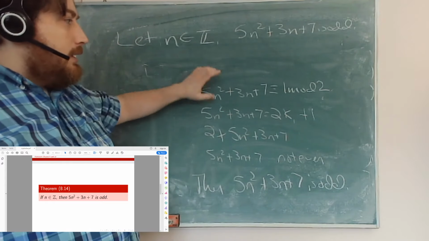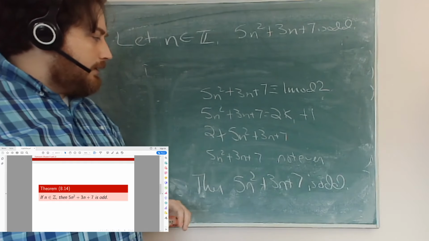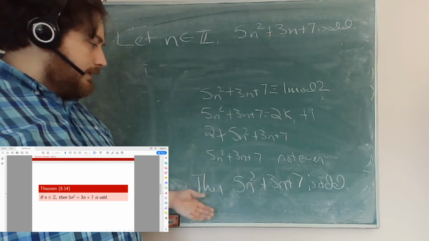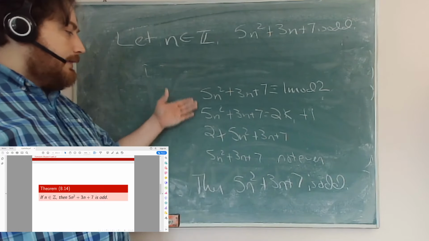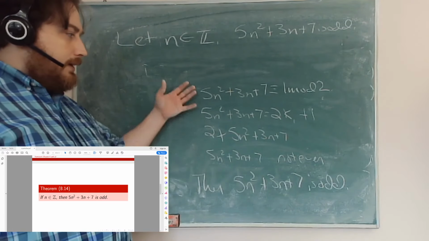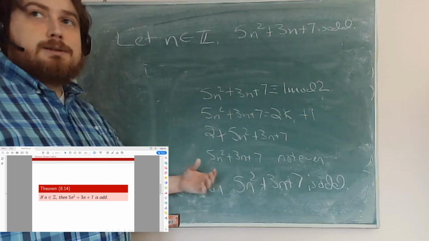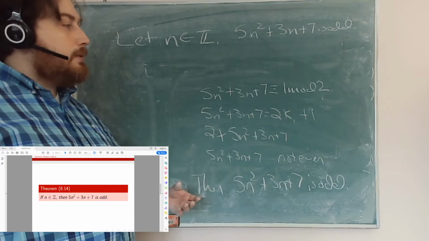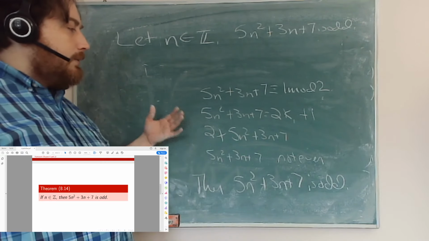Which means that if I take this mod 2, when I divide by 2, the remainder will be 1. So if I can show any of these, I get that this is odd. And because I have so many different ways to write odd here, if I can show any of these, I get this out. And so that gives me a lot of different options, a lot of different ways to try to prove this. And so I have to work through and say, well, which one do I think will be easiest?